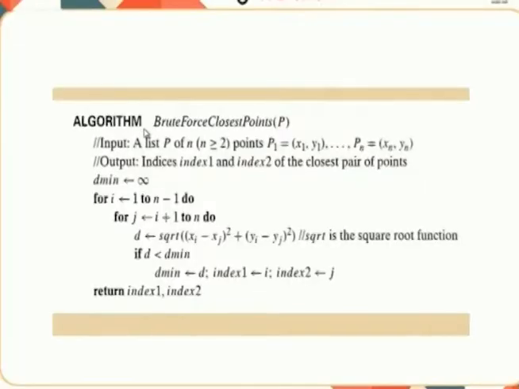You can see very well that all the informal algorithm we are going to conceptualize as a formal algorithm. You can see we are giving the keyword algorithm, and this is going to be the brute force closest point, and we are going to give a list of n points as a list P. Initially d min is going to be infinity, then I am starting the loop.